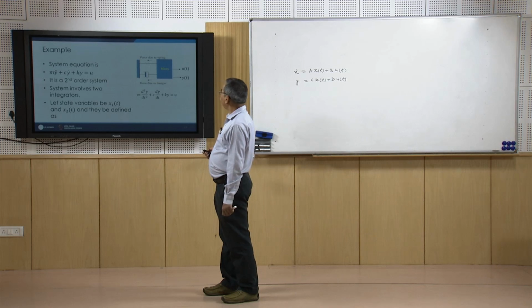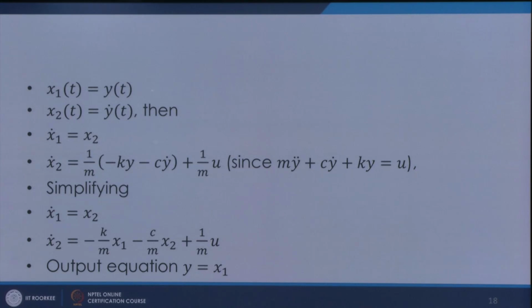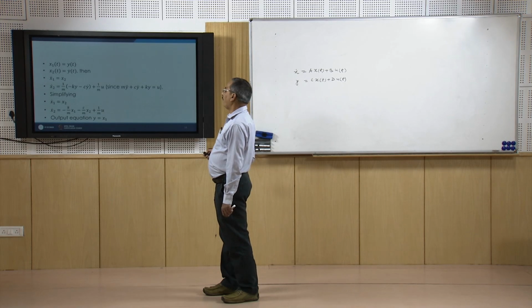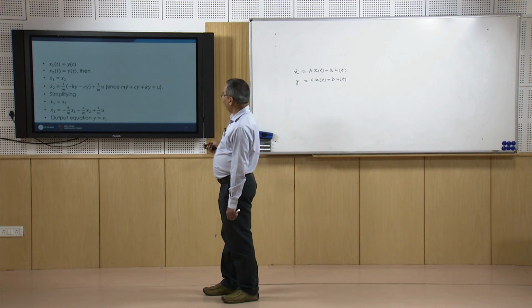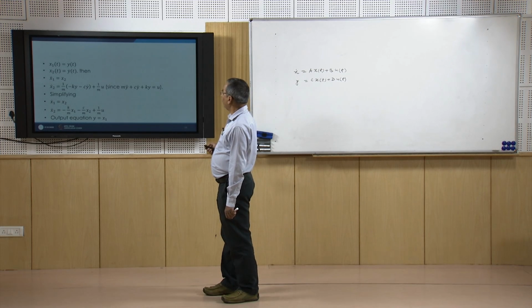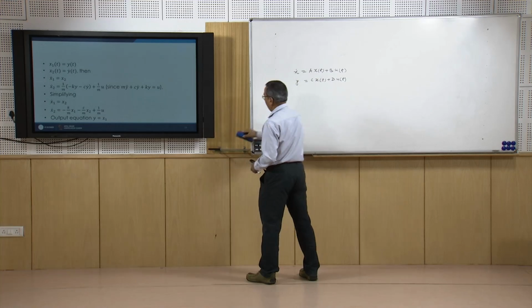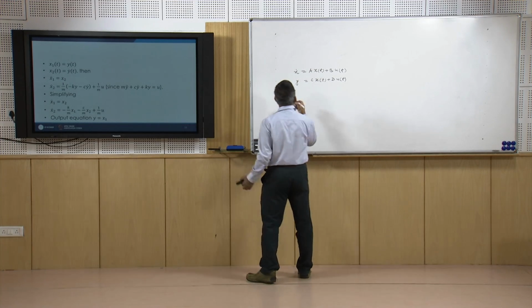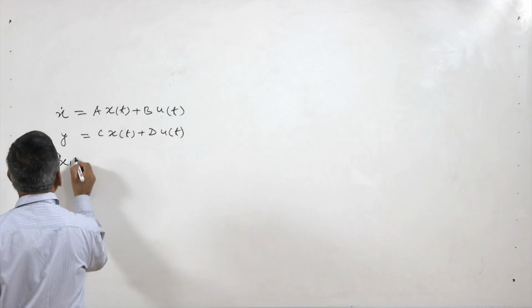I am taking these two state variables, and let me define x1(t) as y(t) and x2(t) as y dot(t). Then, as I said, we are interested in finding out the state space form.